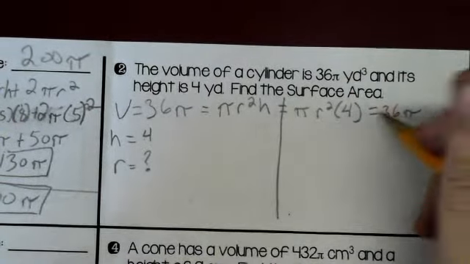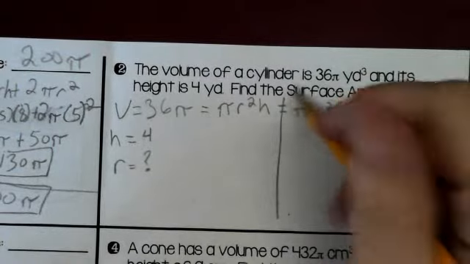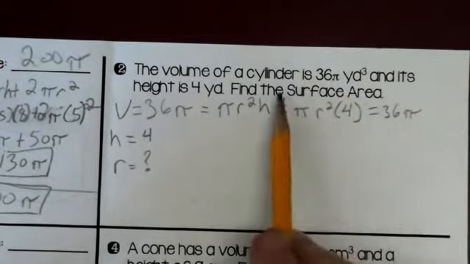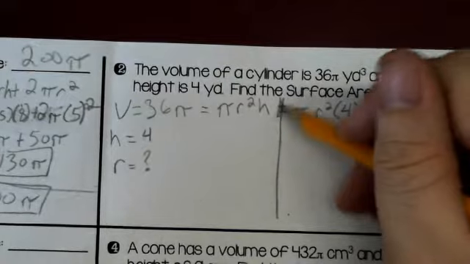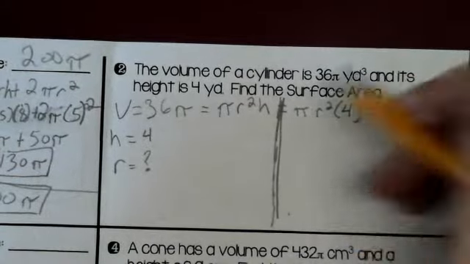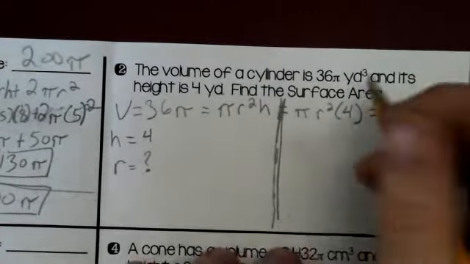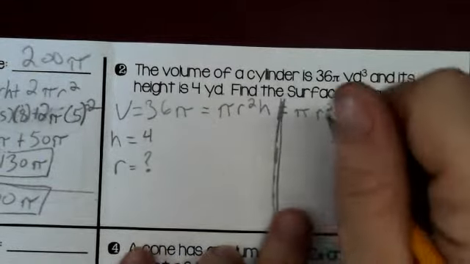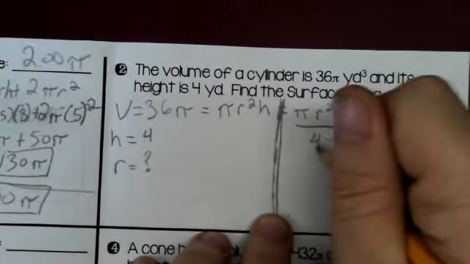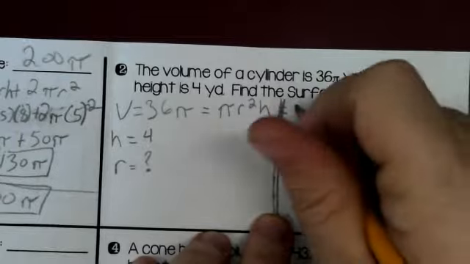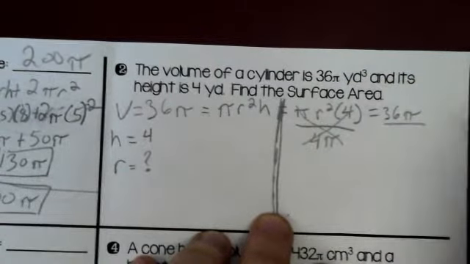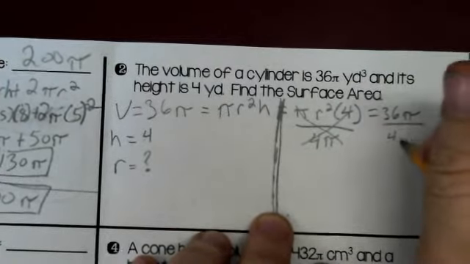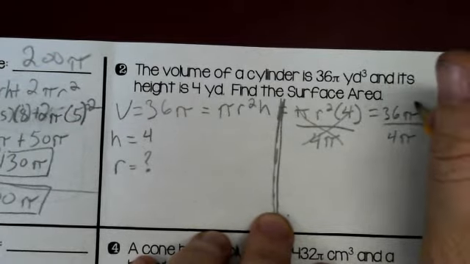So let's come over here and solve this. I'm just going to ignore this over here, and we're going to work this part out over here. And so I can divide this side by 4 pi. That's going to cancel out my 4 and my pi. What I need to do to the other side, I divide that side by 4 pi.